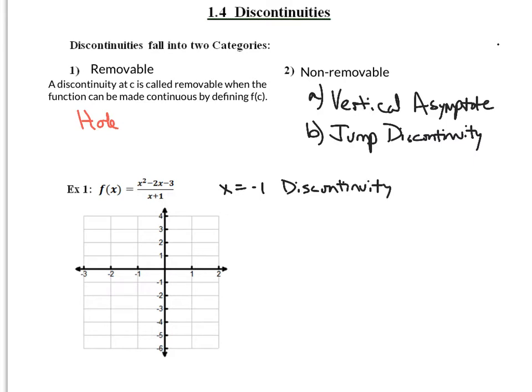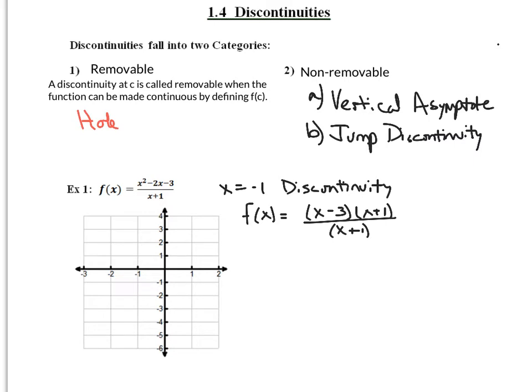Looking at the function, f of x is equal to, my numerator I can tell is factorable. So when I factor this numerator, it's going to be x minus 3 times x plus 1 over that denominator, x plus 1. This allows us to rewrite this function as an equivalent function that matches everywhere except for at x equals negative 1.